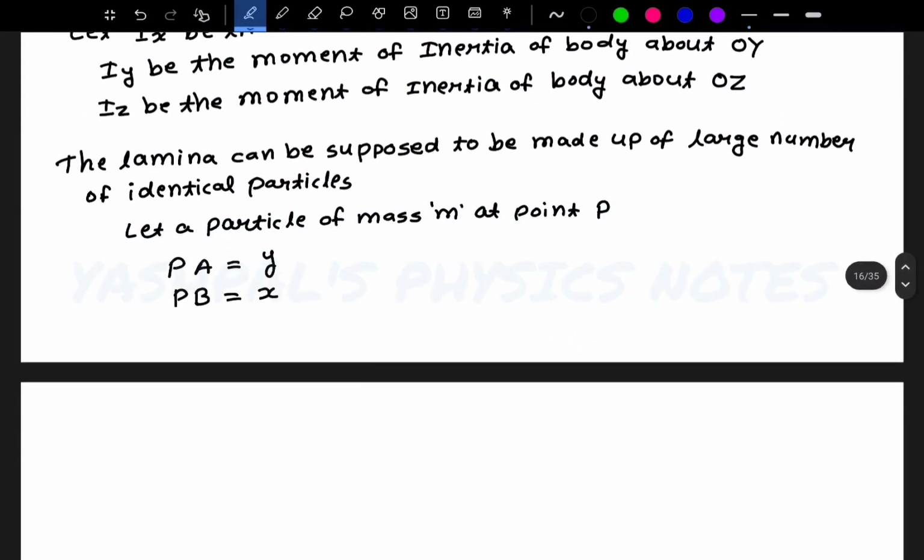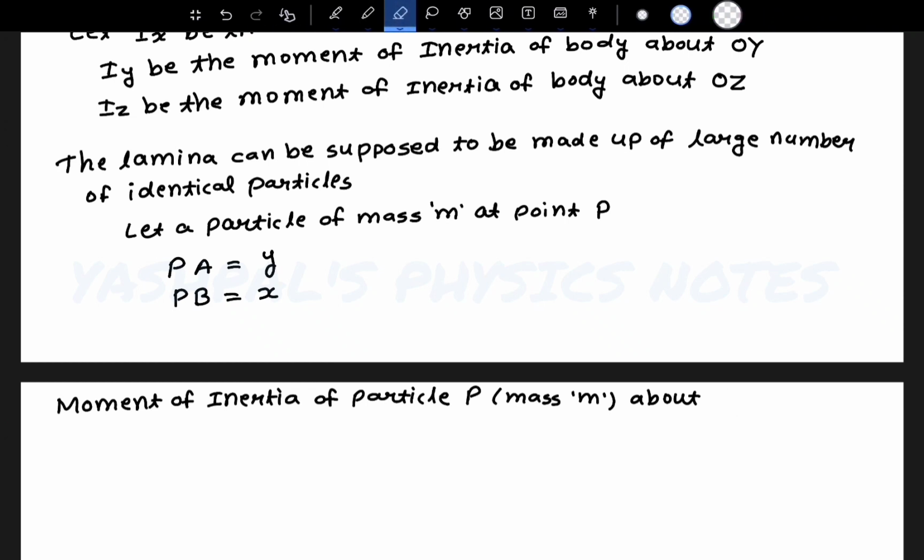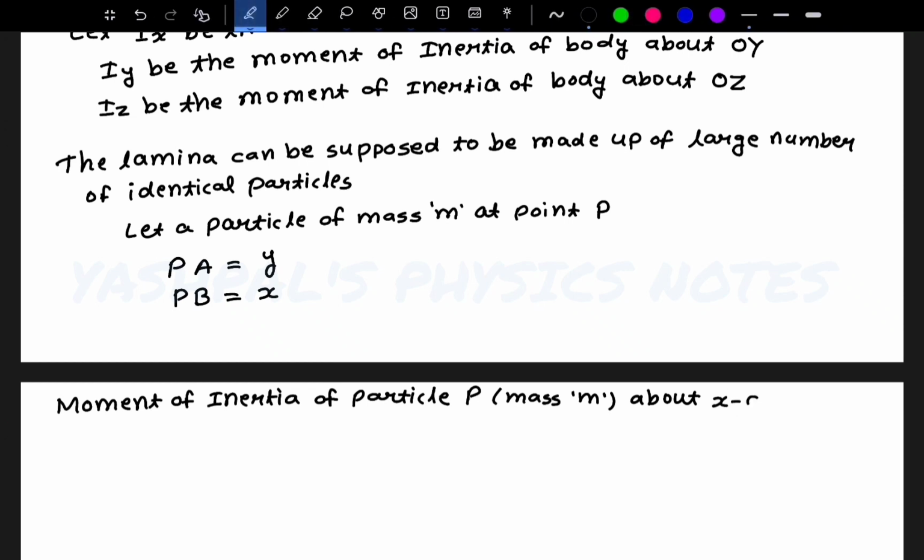Now I am writing the moment of inertia of particle P, which has mass small m, about the x-axis.